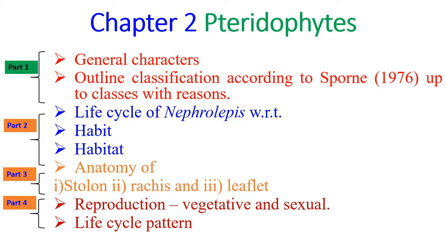Out of that, in the first part, in this lecture, we will be studying general characters of pteridophytes, outline classification of pteridophytes according to K.R. Sporne 1976 up to classes with the reasons, and the rest of the part we will see in part 2, part 3 and part 4 respectively. So we can start with the first module of the chapter Pteridophytes.